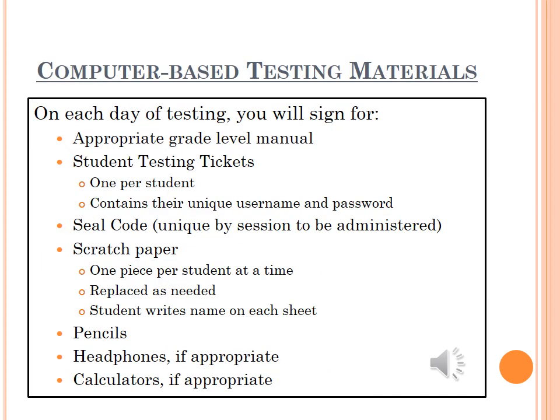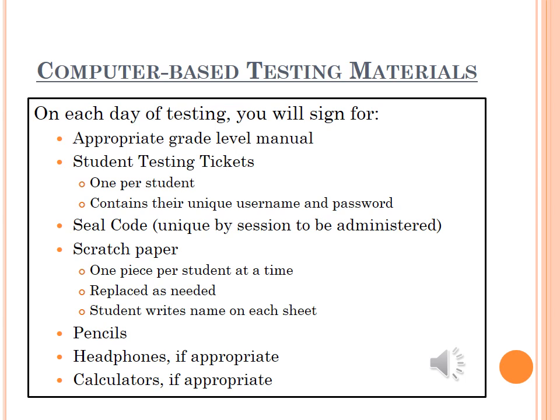On the morning of testing, you will be asked to report to the testing room, and your administrator will provide you with a folder. This folder will contain several items. One of the items is the appropriate grade level manual that you will use to administer the test. This is the paper version of the manual that was emailed to you electronically earlier and that you should already be familiar with. Another thing in your folder will be student testing tickets.